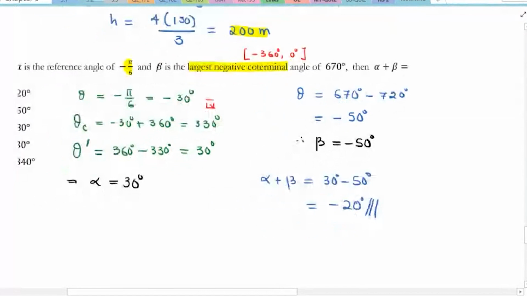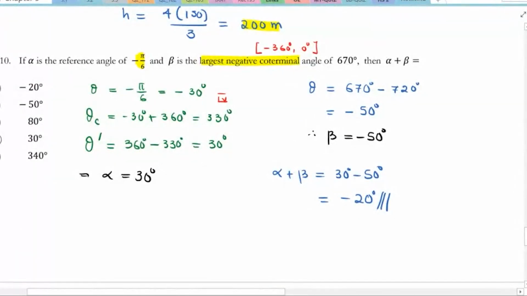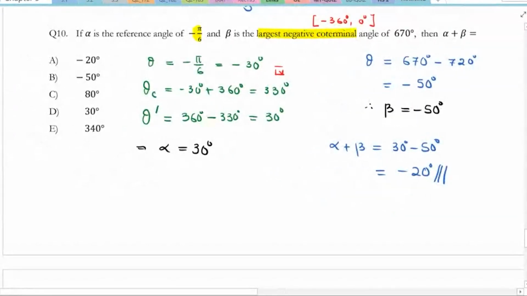Is it clear, gentlemen? Okay. Mr. Tamir? No, I understand now. All right.